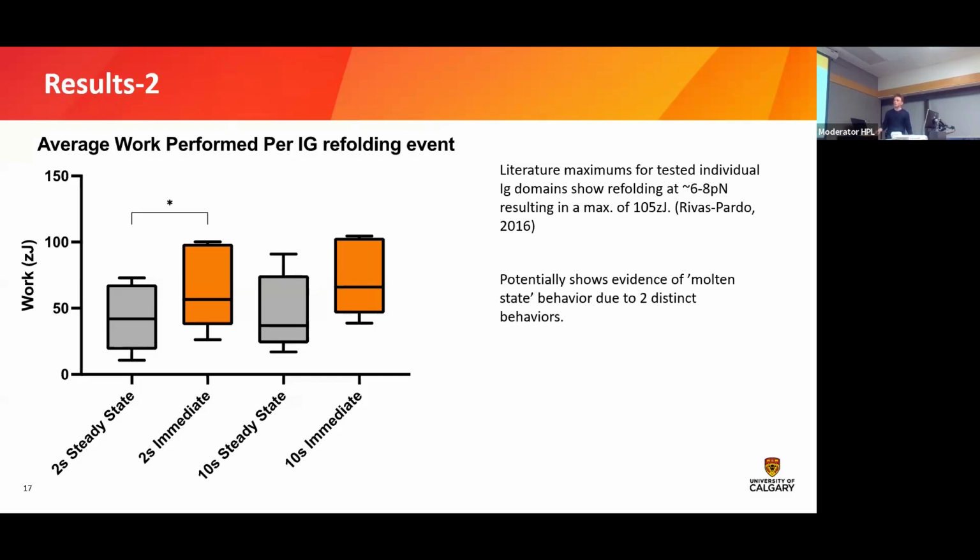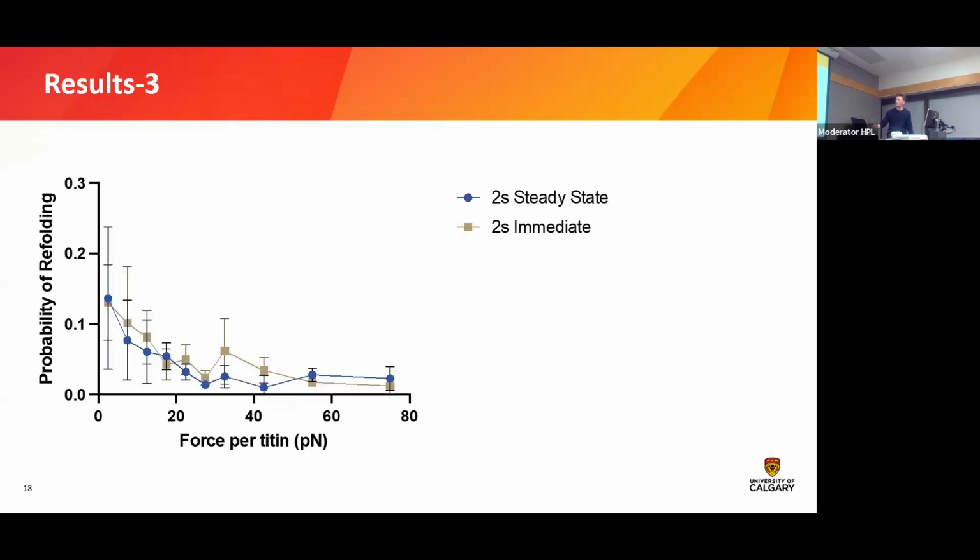The reason why is because the immunoglobulin domains in general should behave identically at a given force on the Titin filament. If they are not behaving identically, that indicates something is different about their conformation. But we actually can't tell looking at this level, because maybe there were more or less unfolded domains after a steady state hold, and this resulted in slight differences here. So we really can't say just based off of this graph.